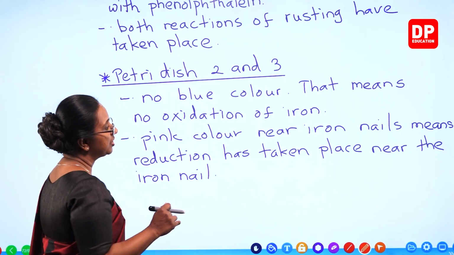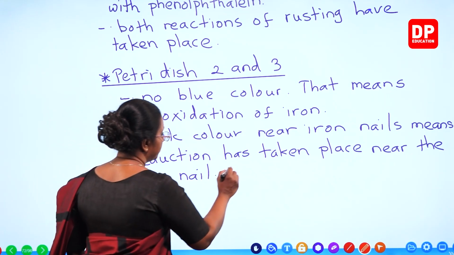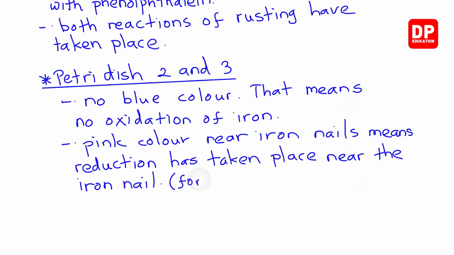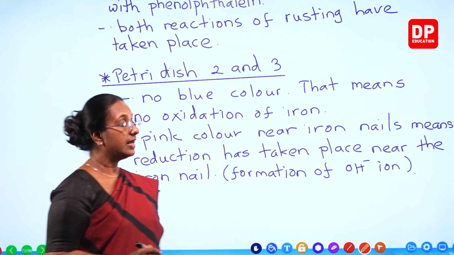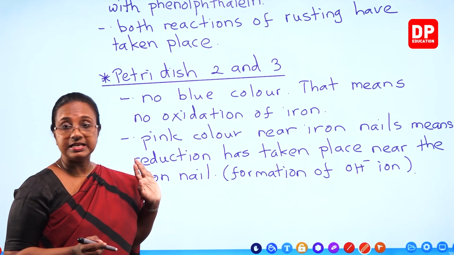That is formation of OH minus ions. So that has occurred near the iron nails.